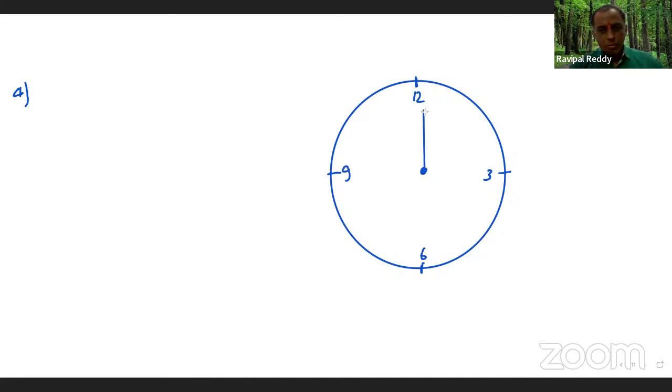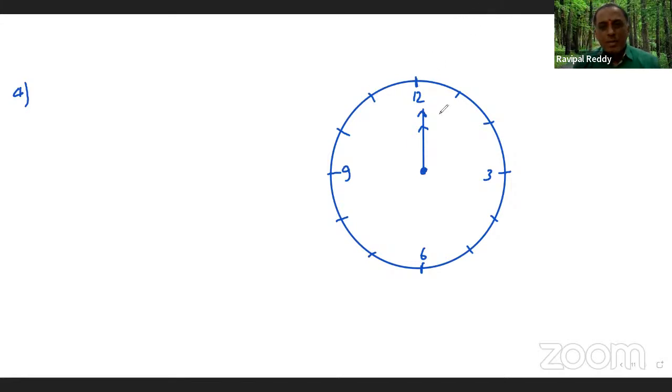The minutes hand and hours hand will coincide at 12. Okay. So what is the fourth point?